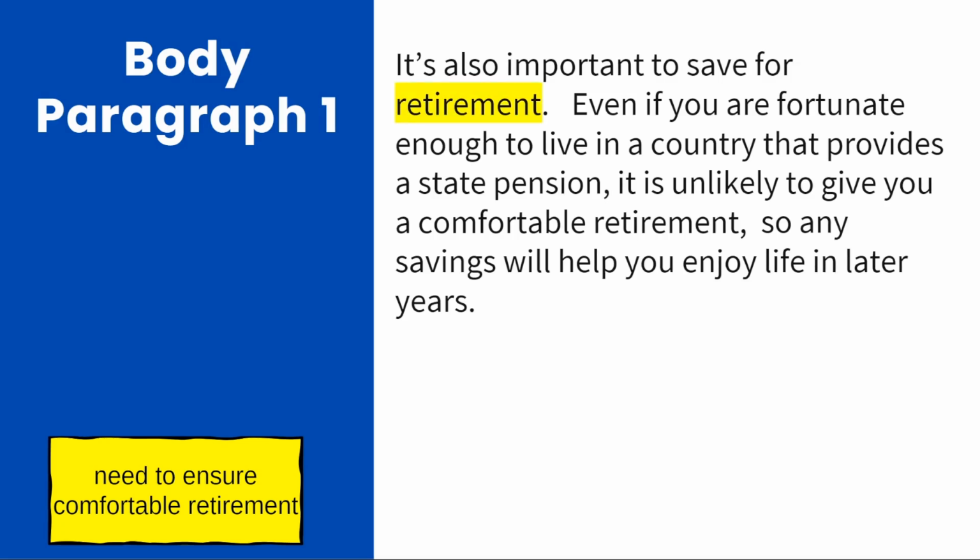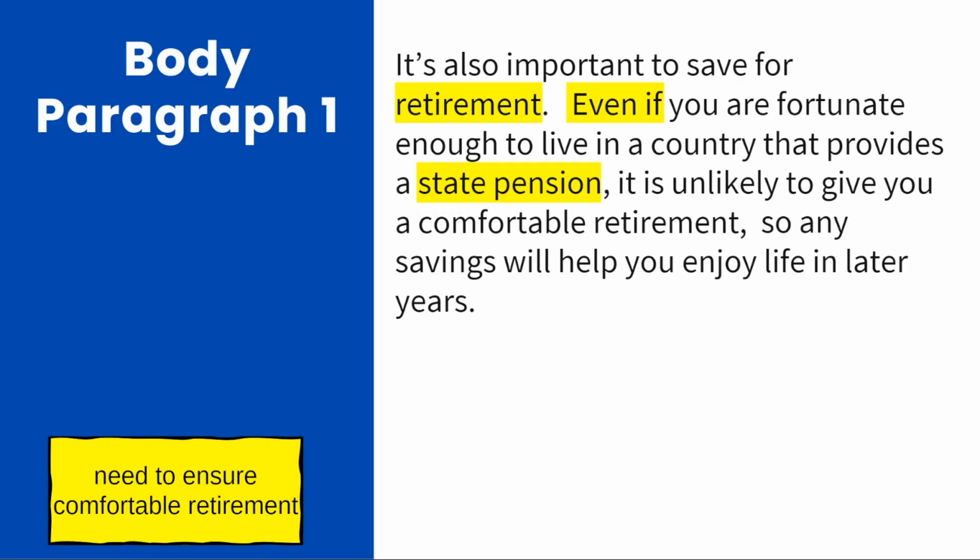So retirement, again, is a very precise word. This phrase, even if, is introducing a conditional. So this is the kind of complex structure that IELTS examiners like to see if they're going to give you a high band score. They need to see phrases like this, structures like this. State pension is another good example of collocation.